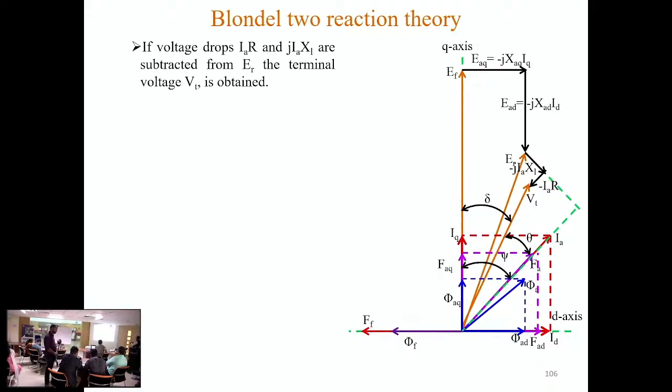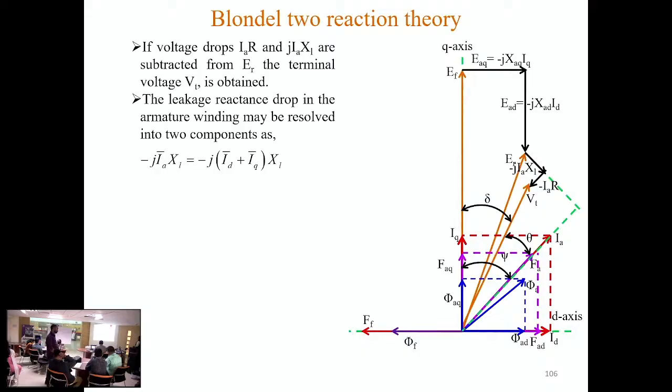So we have to again resolve this IAXL into two current component drops, ID and IQ, and then add those two with those two components of armature reaction drop. Then only we will get the total reactance along D axis and Q axis, that is XD and XQ.